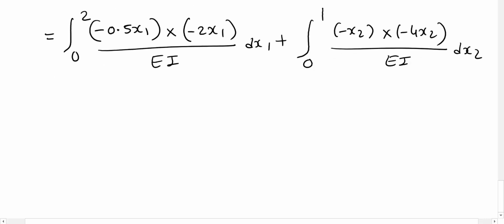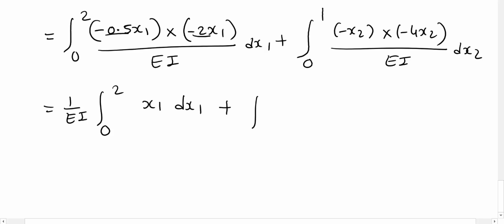Now we can take the common 1 over EI out: the integral from 0 to 2 of positive x1 dx1, plus the integral from 0 to 1 of positive 4 x2 squared dx2.